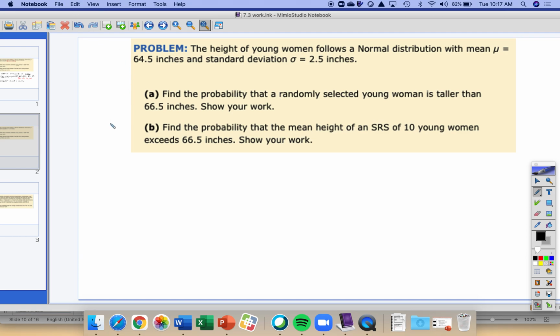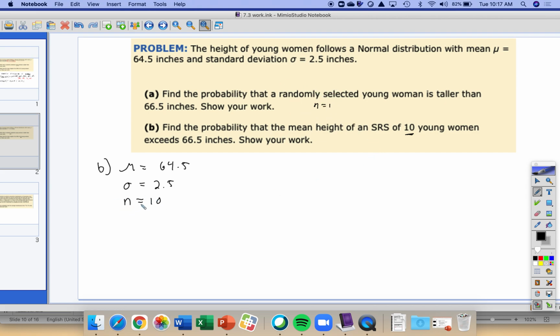So now, for part B, I have mu is 64.5. I have my standard deviation of 2.5. Now, these are my population mean and standard deviation. But now that I'm taking a sample of size 10, I'm looking at a sampling distribution. Here, technically, I was taking a sample of size 1.